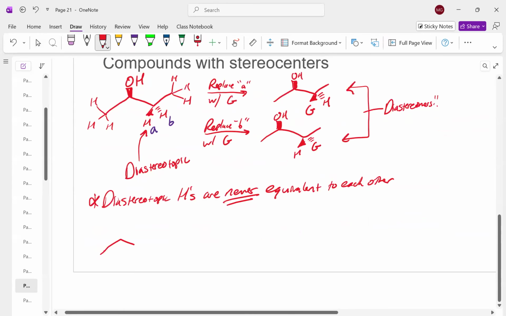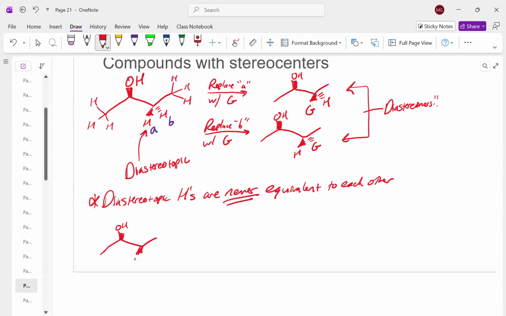So let's redraw this. We've already said that those two hydrogens that have the stereochemistry are not equivalent, but let's pick a CH3 over here and let's replace one of them with a random group. I just put a random group there.